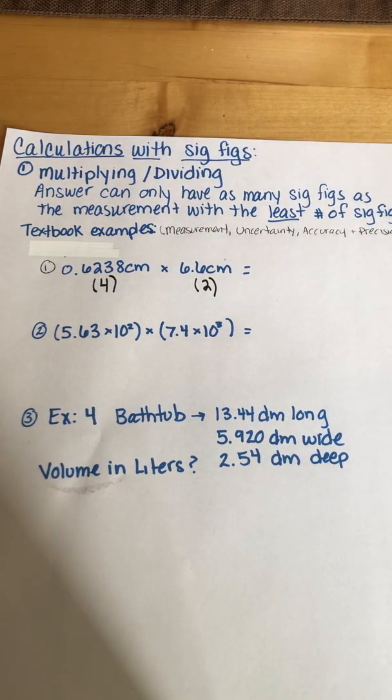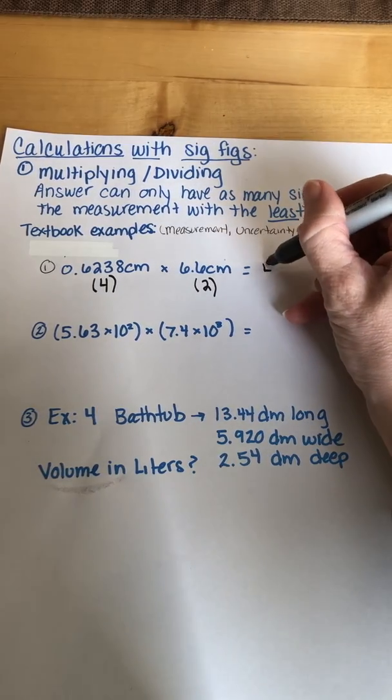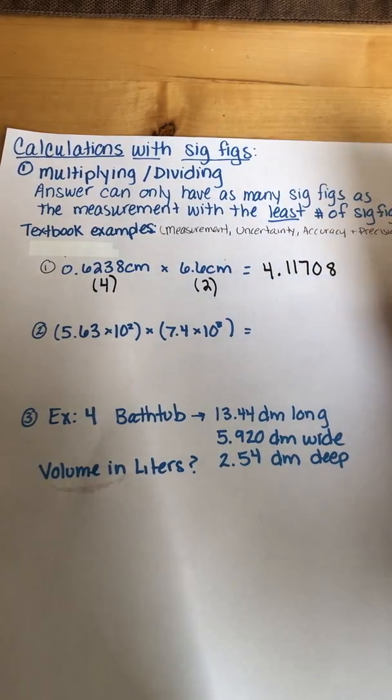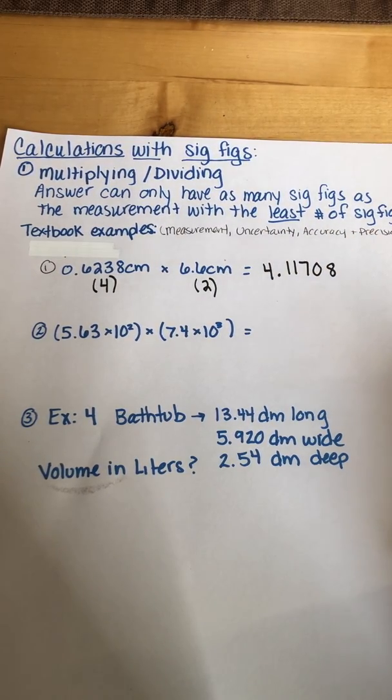Whenever you put this in your calculator and do the problem, you're going to get a really long answer. This is what the calculator is going to give you. When you're multiplying or dividing, you always go with the least number of sig figs.